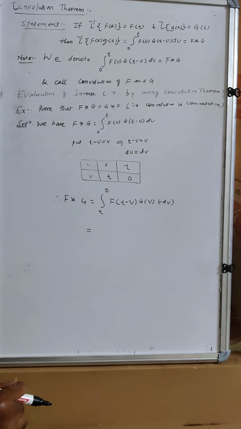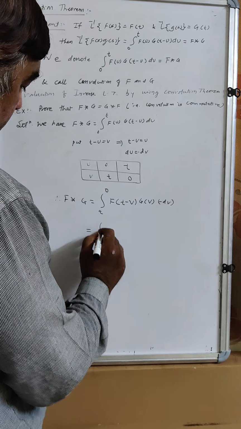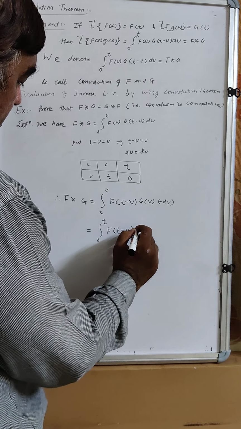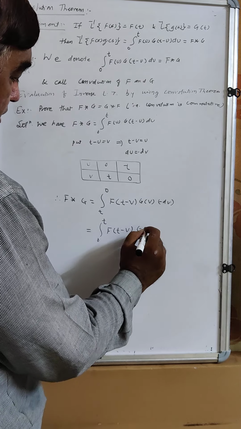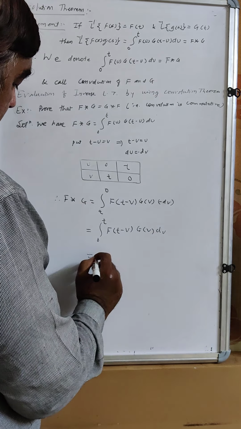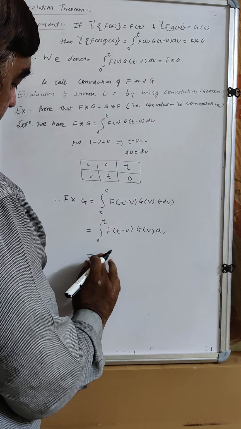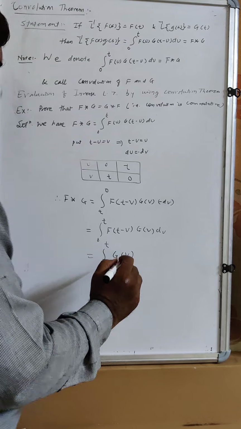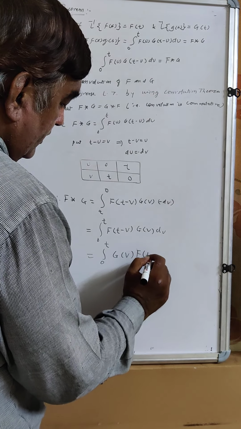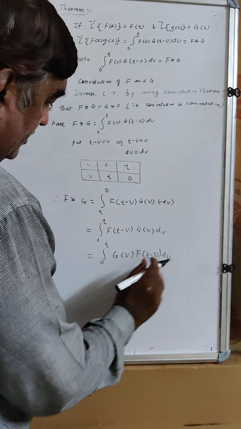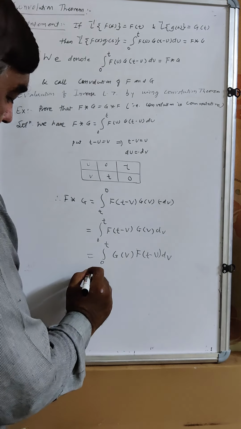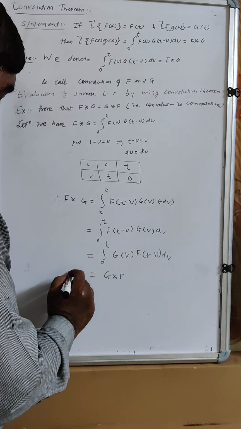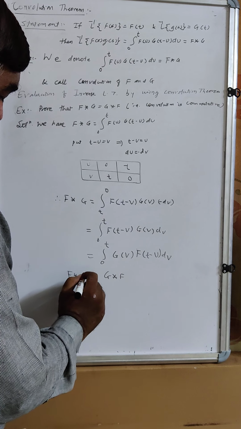Reverse the order of limits and absorb the negative sign. Integral 0 to t of f(t minus v) g(v) dv, that is, integral 0 to t of g(v) f(t minus v) dv, is equal to g star f. f star g is equal to g star f.